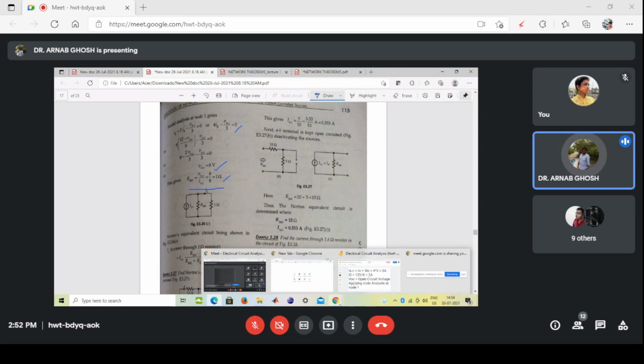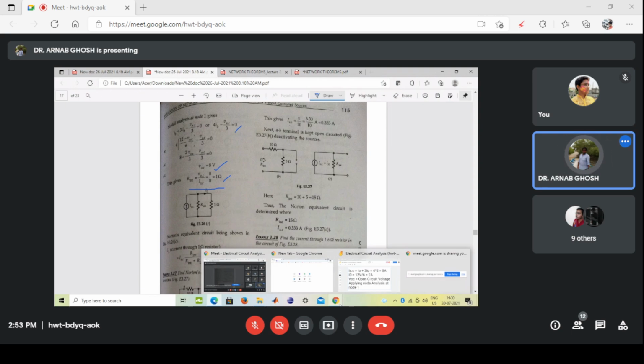The Thevenin equivalent circuit will be the open circuit voltage, the resistance in series, and then the load resistance. For Nortons it will be the short circuit current with the resistance in parallel, and then the load resistance. But the technique to calculate the internal resistance remains the same for both Nortons as well as for Thevenins.